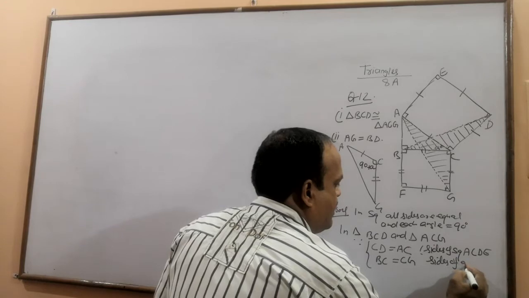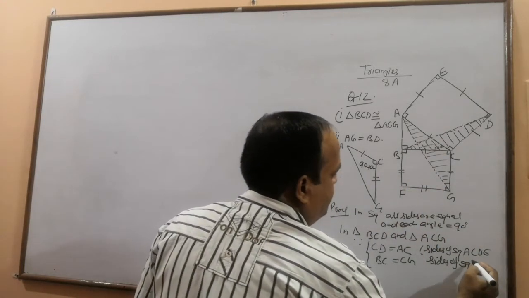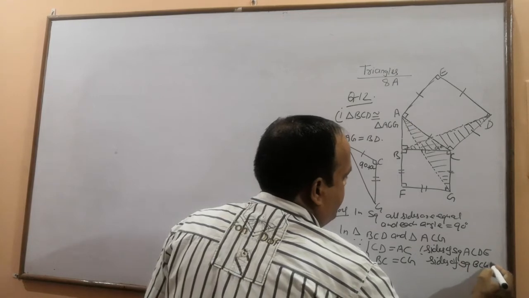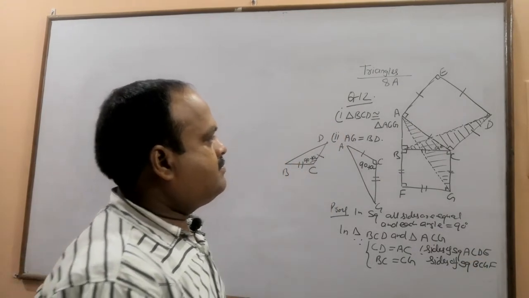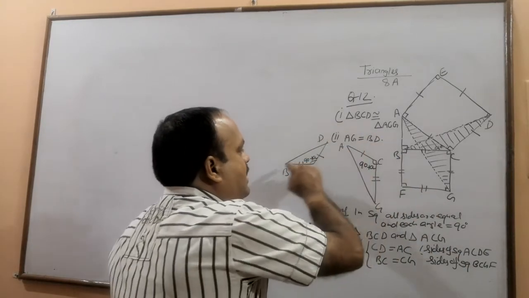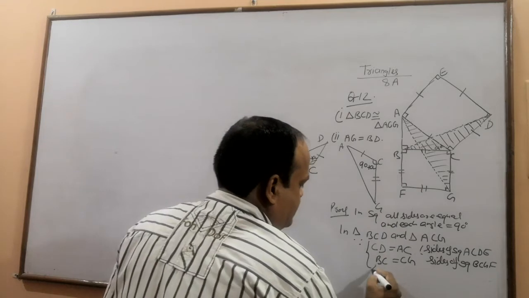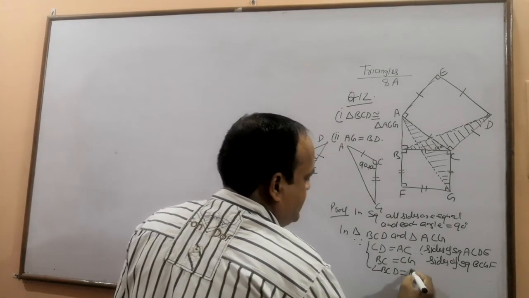Sides of square BCGF. Angle BCD equals to angle ACG.